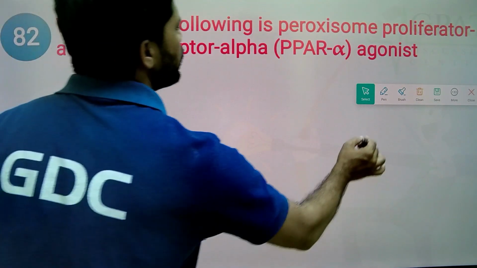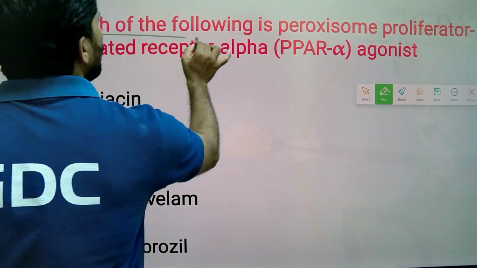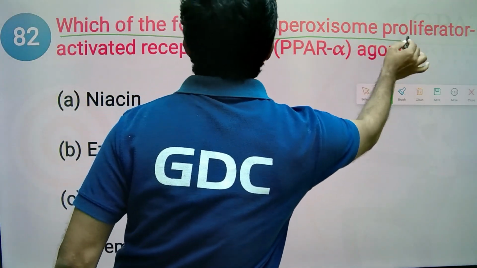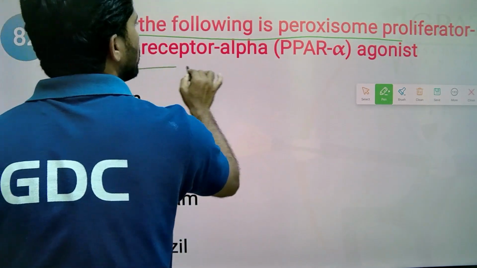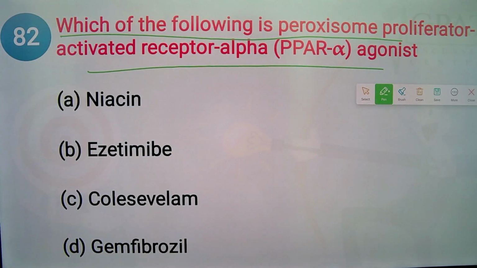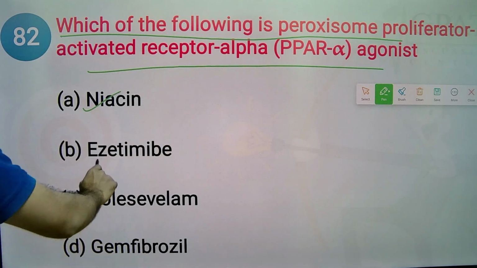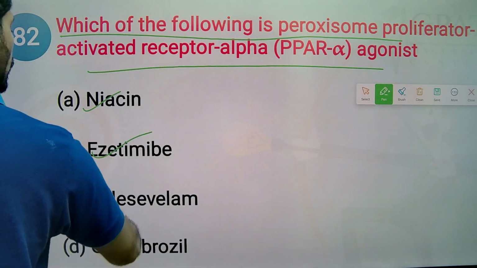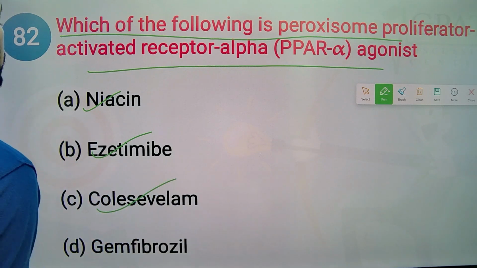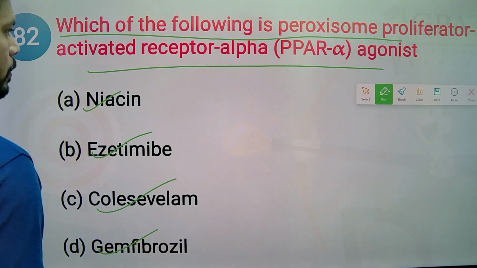Next MCQ. Which of the following is a peroxisome proliferator-activated receptor alpha agonist? PPAR-alpha agonist. Options: niacin, ezetimibe, cholestyramine, bile acid binding resin, gemfibrozil.